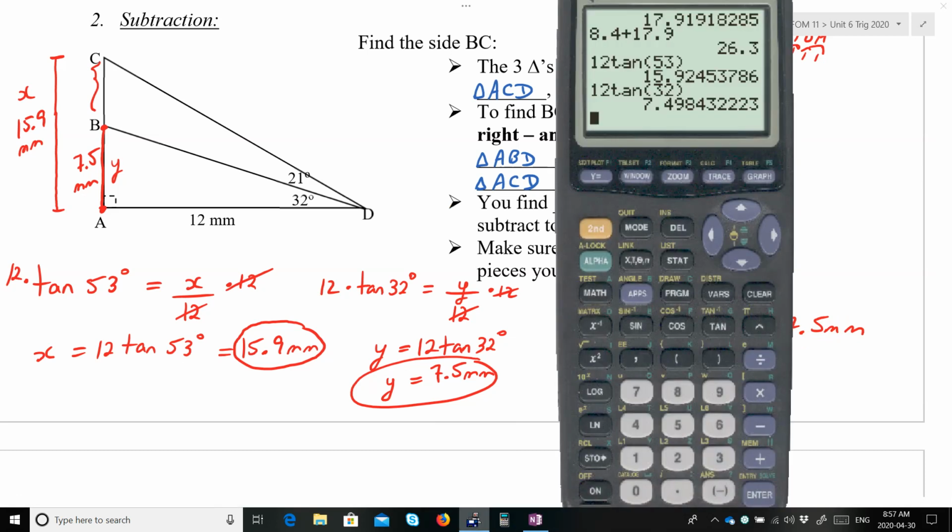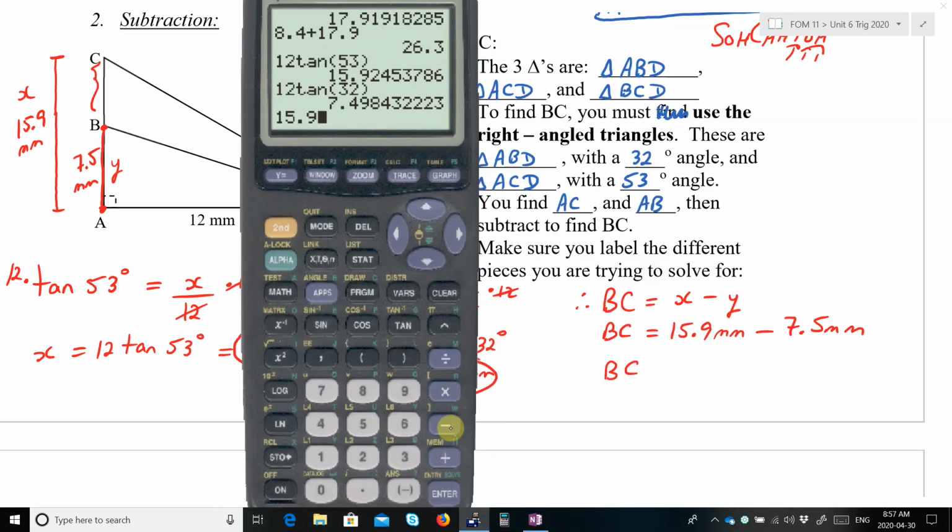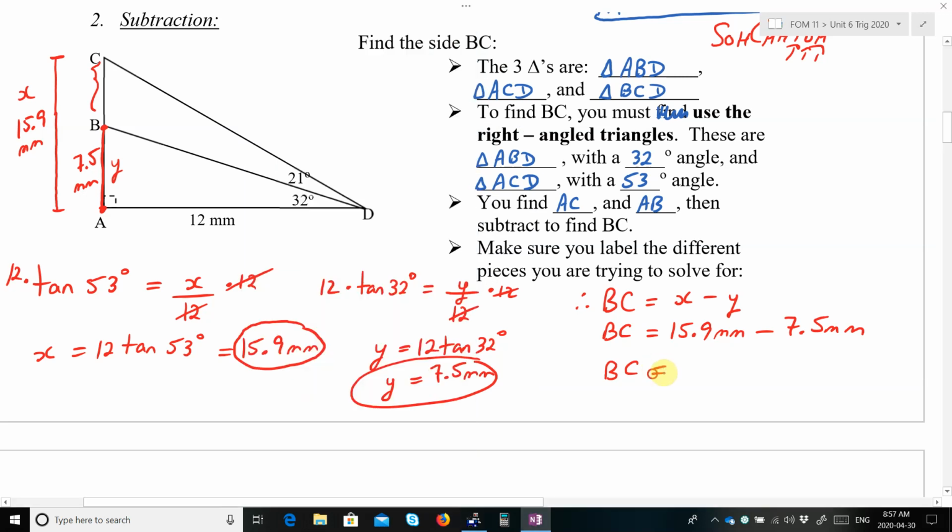And so BC is equal to 15.9 minus 7.5, 8.4. Okay, and so that is an example of a subtraction question.